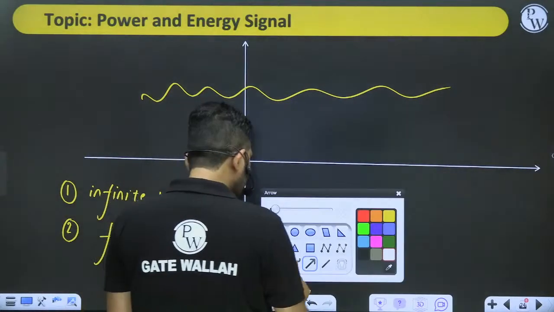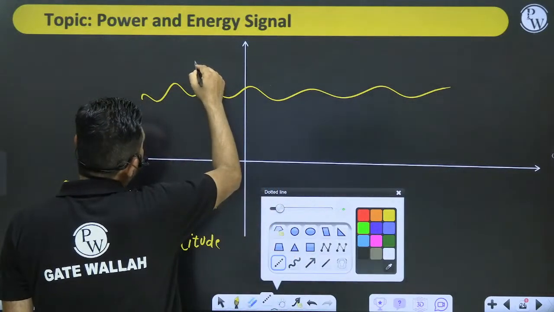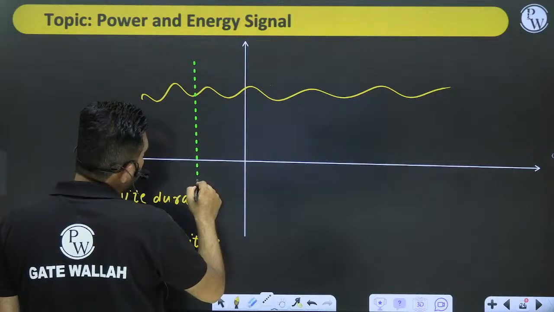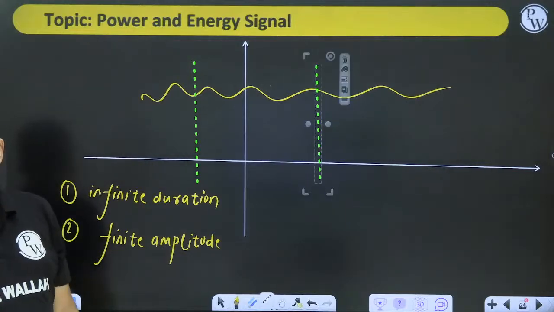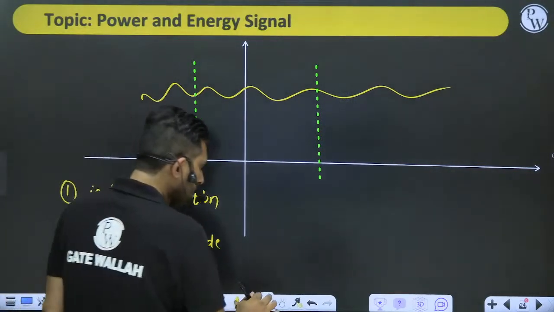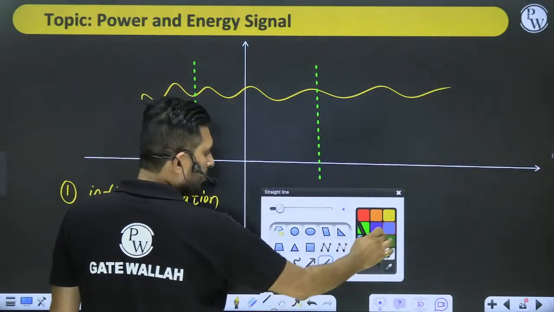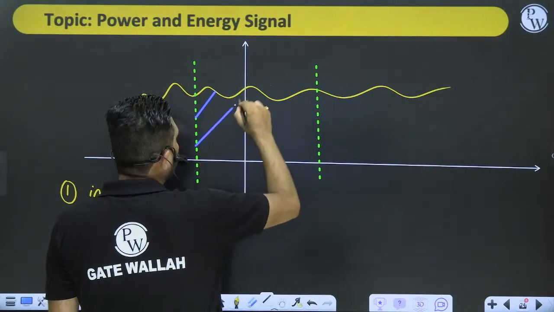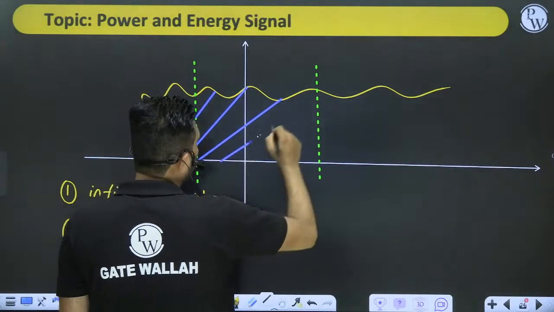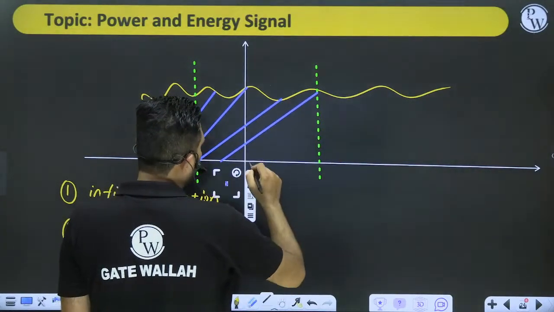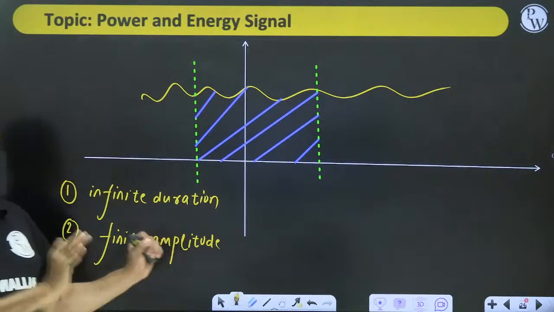What I am doing is restricting the signal over a bound, and finding the energy in this region.